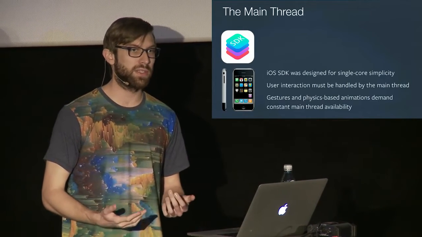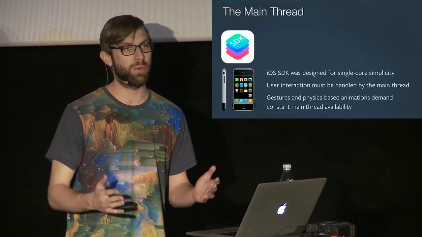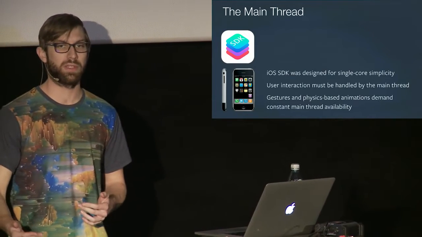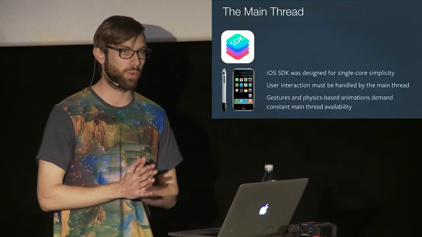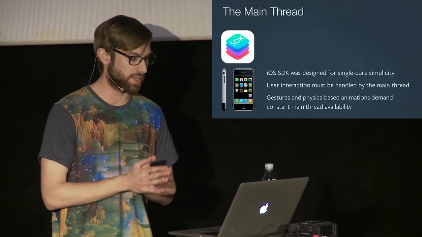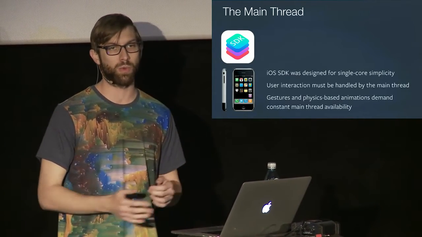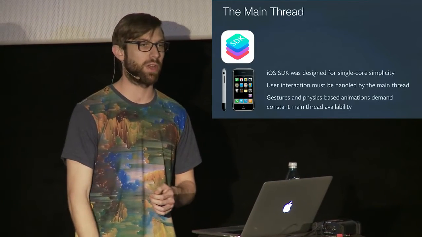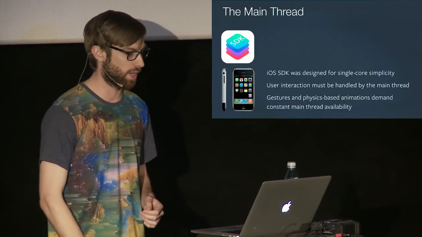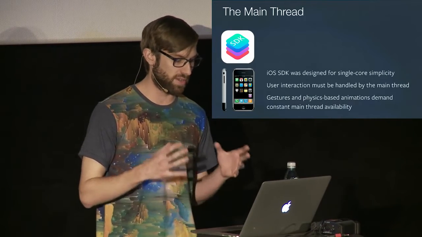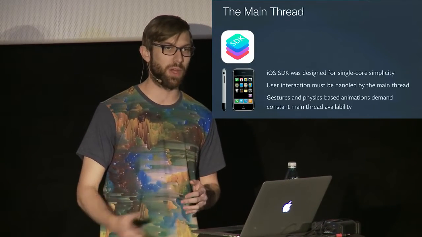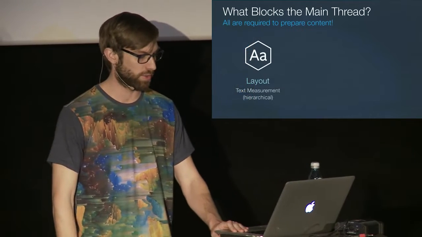And multi-threaded code is strictly more complex than single-threaded code. And perhaps most importantly, one of the reasons this design decision was made is that multi-core phones were many years into the future, not even on the roadmap at the time that this was designed. So the reality here is that almost everything that iOS does is bottlenecked on this single thread of execution.